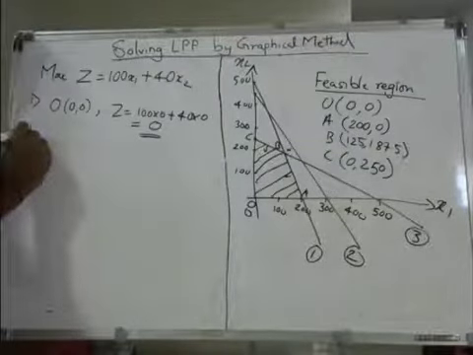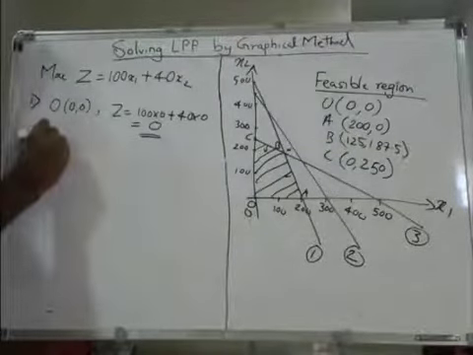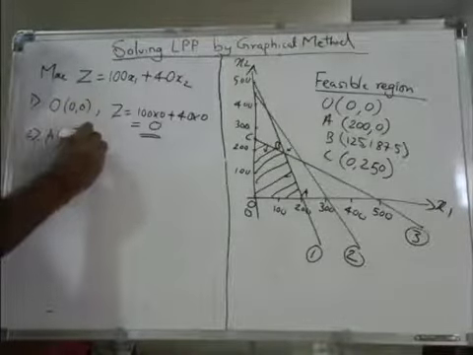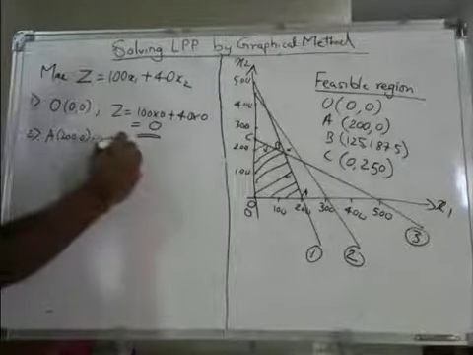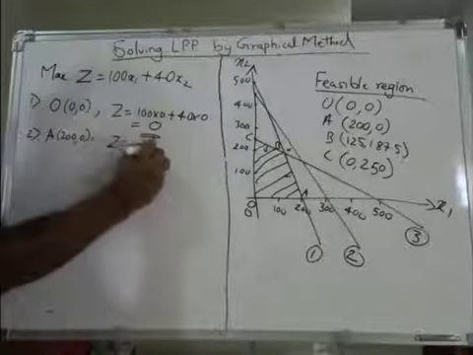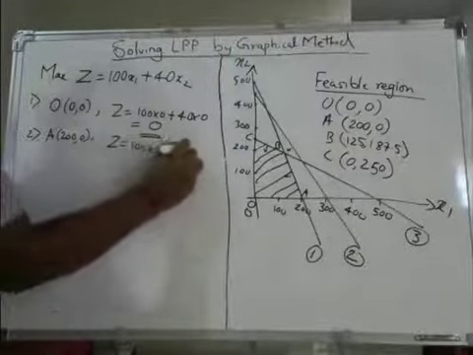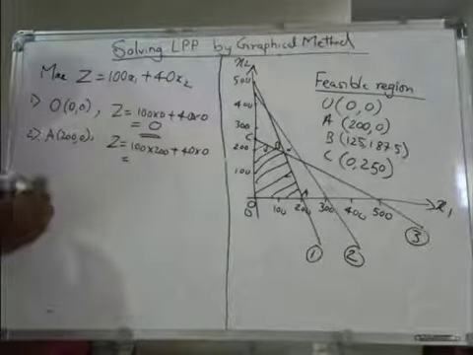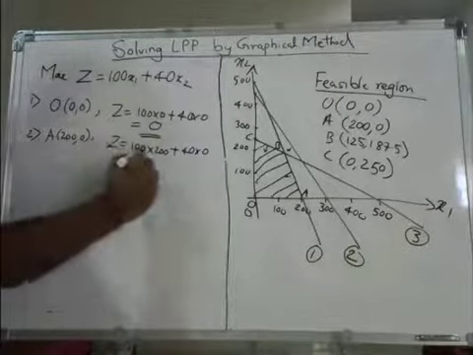Okay. Let us take the second one, that is A, that is 200, 0, therefore Z is equal to 100 into 200 plus 40 into 0, that will be 20,000.